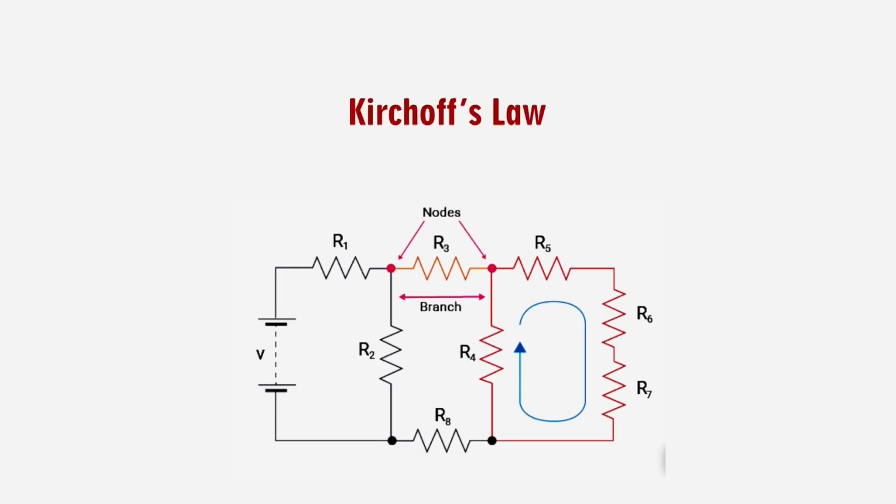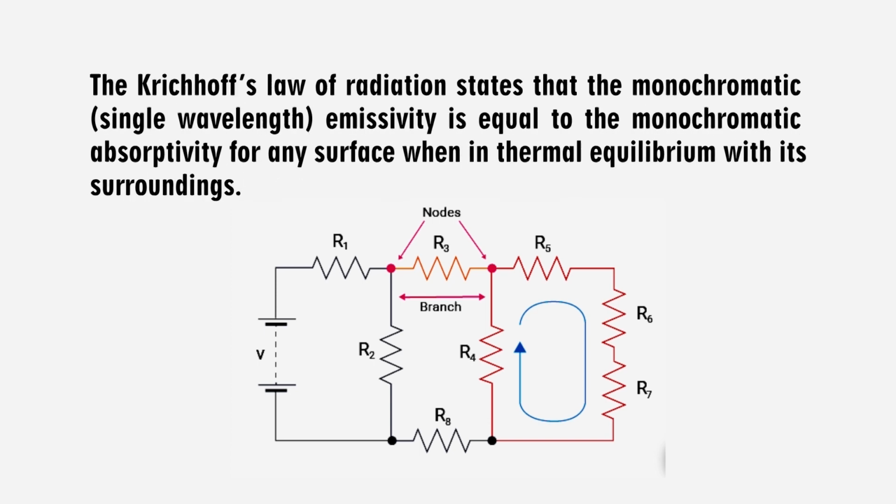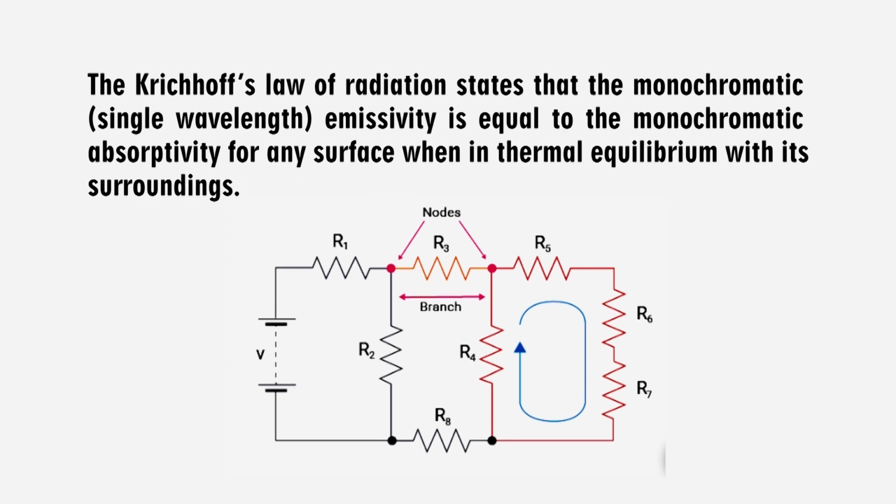Learner, now we will understand Kirchhoff's law. Kirchhoff's law of radiation states that monochromatic emissivity is equal to monochromatic absorptivity for any surface when in thermal equilibrium with its surroundings.